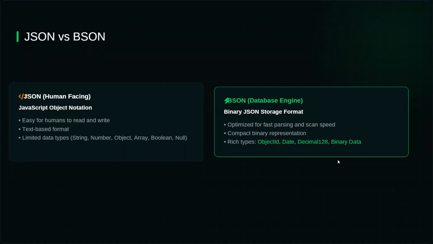Binary JSON is optimized for high-speed parsing and space efficiency. Crucially, BSON adds rich data types that standard JSON lacks, like precise date objects, ObjectId, and high-precision numbers. Now that we understand documents, let's establish the real-world application project we will build together.